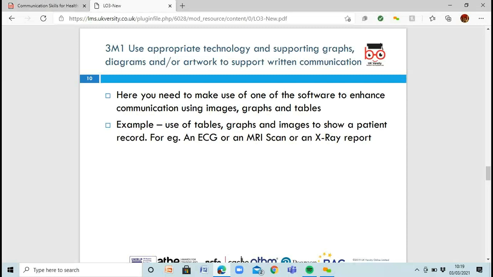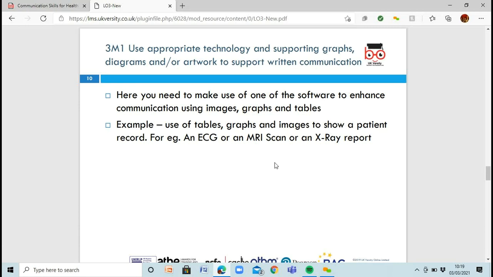When you look at this, you're also going to be adding in images or graphs of, say, for example, an MRI scan. You can just Google it, or you can go on, add a picture of an X-ray. And then all you're going to do on this is you're going to put the X-ray image in, or a graph in, or a table, or an image in, whatever you choose, and you're going to talk about it. You're going to say, this X-ray is taken because of this, this, and this.